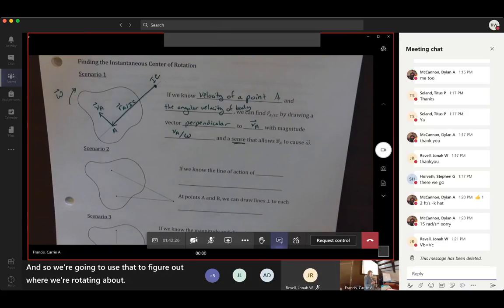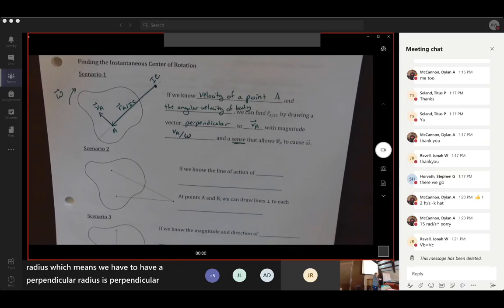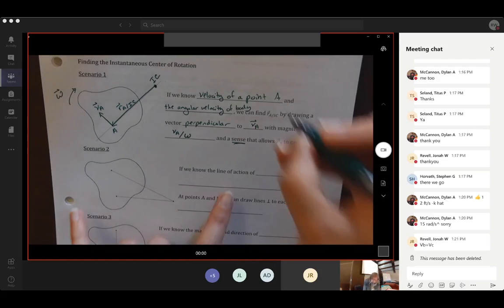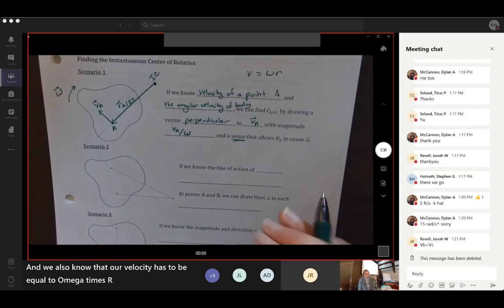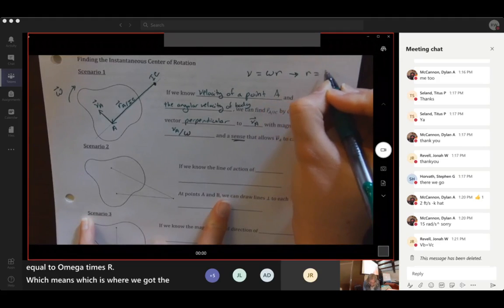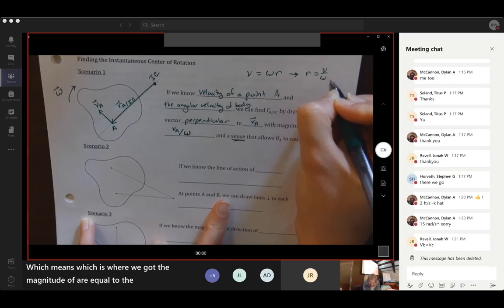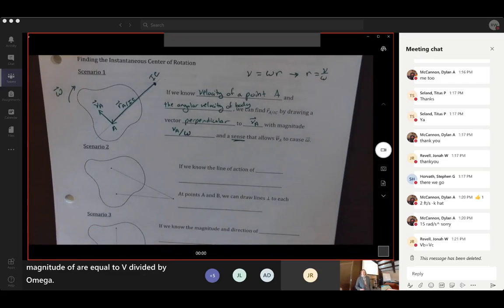We know velocity has to be tangential to the radius, which means we have a radius that's perpendicular to our velocity, and it has to be the correct direction to give us rotation in the right direction. And we also know that our velocity has to be equal to omega times r, which is where we got the magnitude of r equal to v divided by omega.